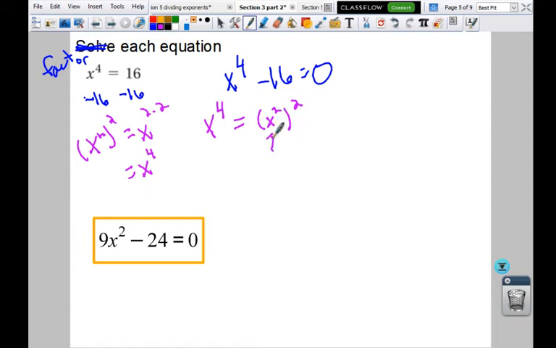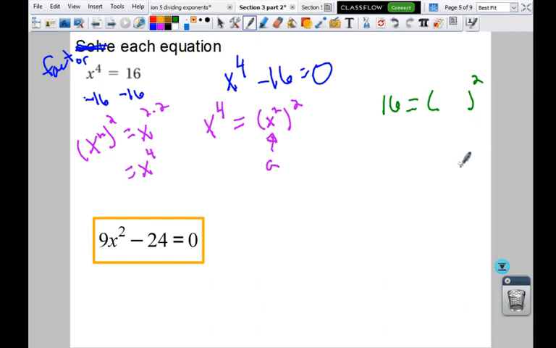So this x squared right here is going to be my a. That's going to go in for my a, my difference of squares. For my b, I get this from 16. And I want to split up 16 to be something inside parentheses squared. How can I rewrite 16 to be something squared?